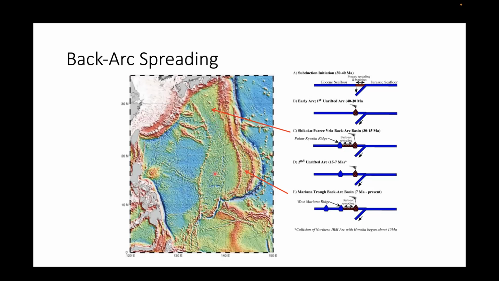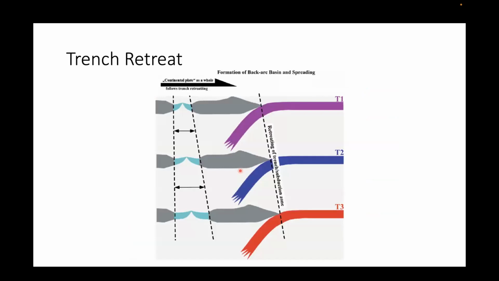In the south, there are two basins formed, and they have the same overriding plate and subducting plate. So they have the same plate motion history. So we are wondering why there is a region with only one back-arc basin and some region with a secondary back-arc basin. What parameter controls the effect?